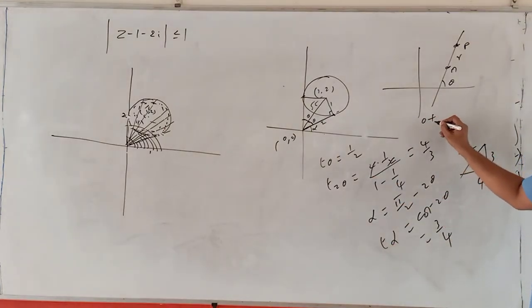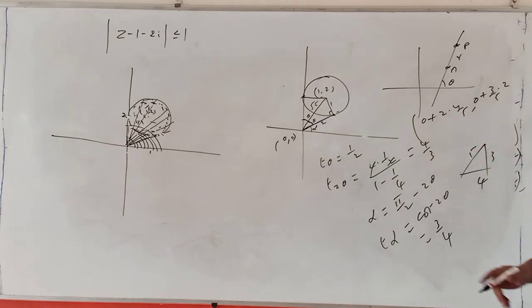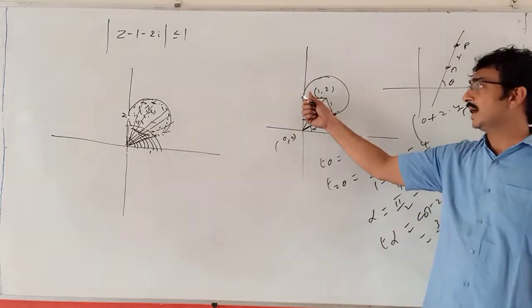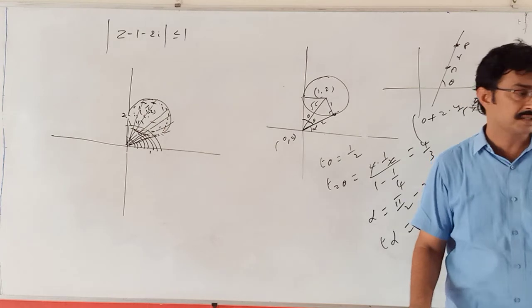Therefore x1 plus r into cos alpha, which is 4 by 5, y1 plus r sin alpha, which is 3 by 5, r means 2. Therefore 8 by 5, 6 by 5. This point is. What is the complex number having maximum argument? Clearly that point is 0, 2.